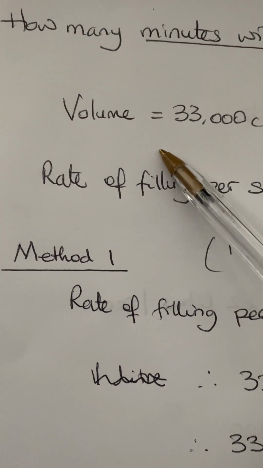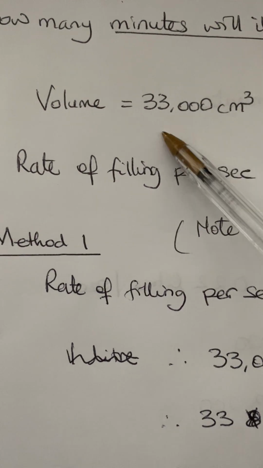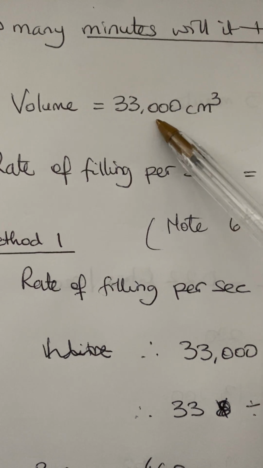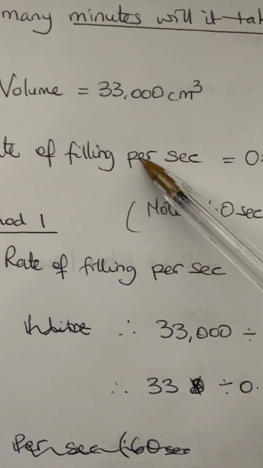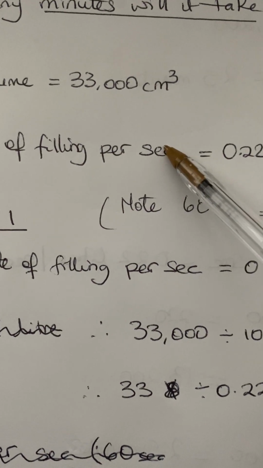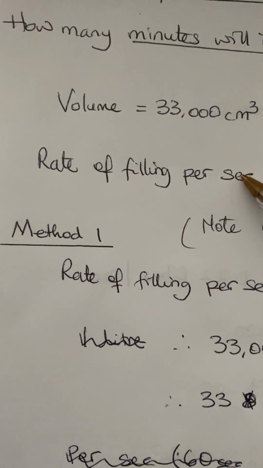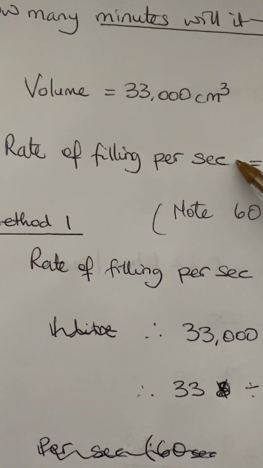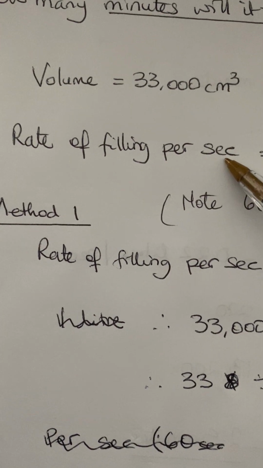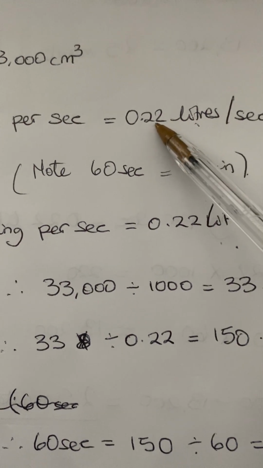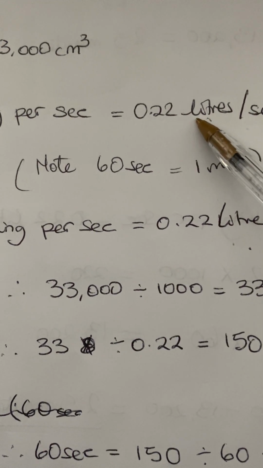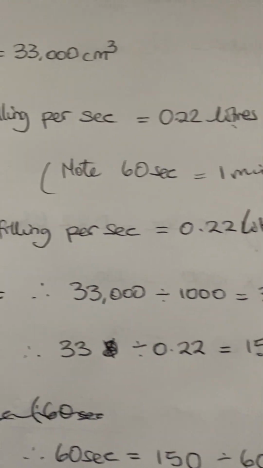The volume of this tank is 33,000 centimeters. The rate of filling per second, they're asking you how many minutes. Every second it is filled at 0.22 liters per second.